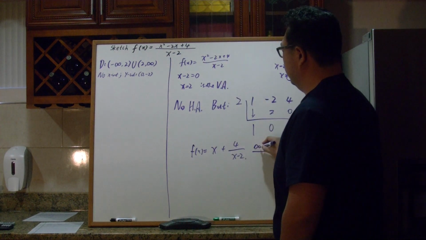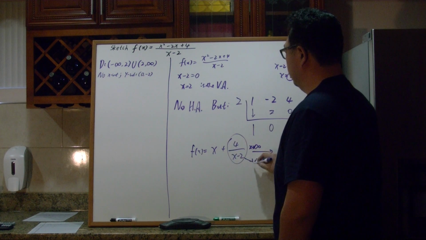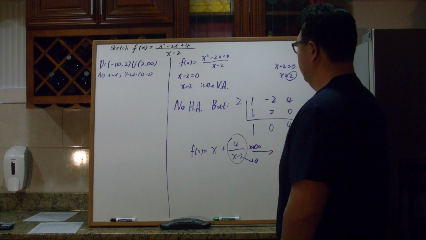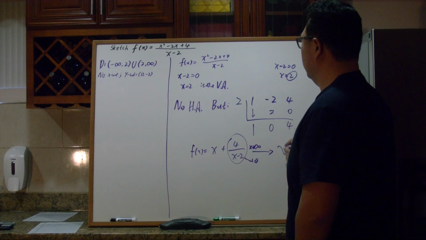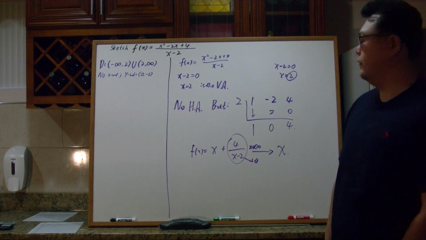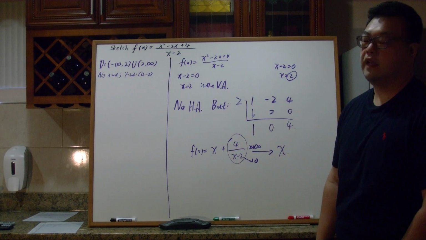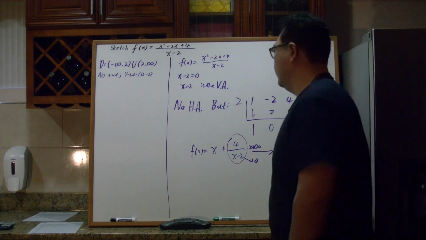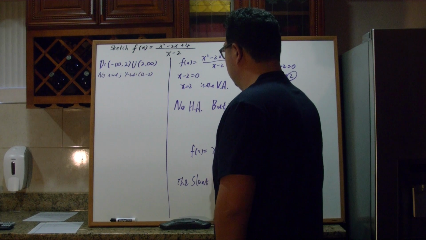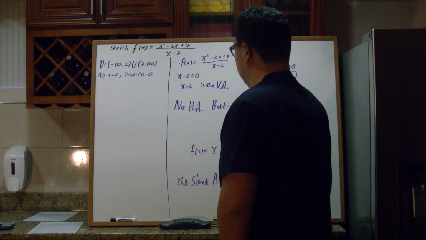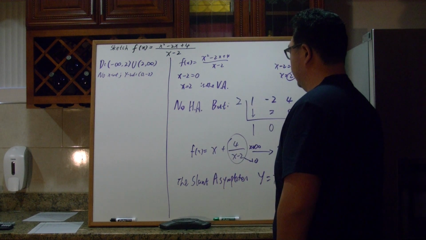As x goes to infinity, this fraction part goes to 0, so the function goes to infinity but the line approaches x. For negative infinity, in a similar way, the fraction will be 0 and the function goes to negative infinity as well. So we have the slant asymptote y equals x.